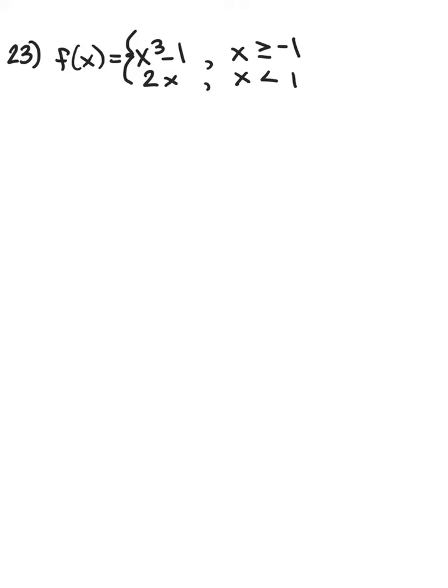So number 23. We are asked to find the limit as x approaches -1 of this piecewise function. Now, when it's a piecewise function, I need to look from the left and the right to determine if the limit from the left is equivalent to the limit from the right. So let's first examine the limit as x approaches -1 from the left.